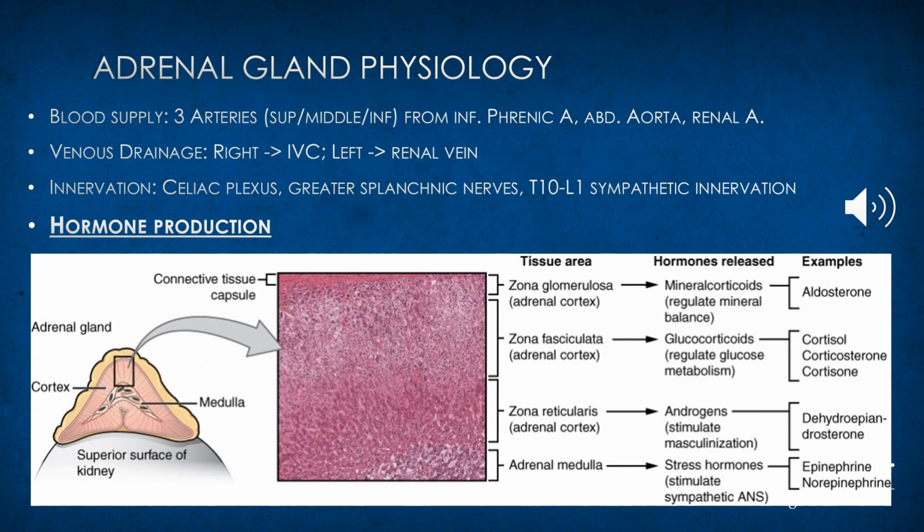The fasciculata is where the glucocorticoids are produced, cortisol, corticosteroids, and the reticularis zone produces the androgen hormones. The medulla is where our catecholamines are produced, epinephrine and norepinephrine.